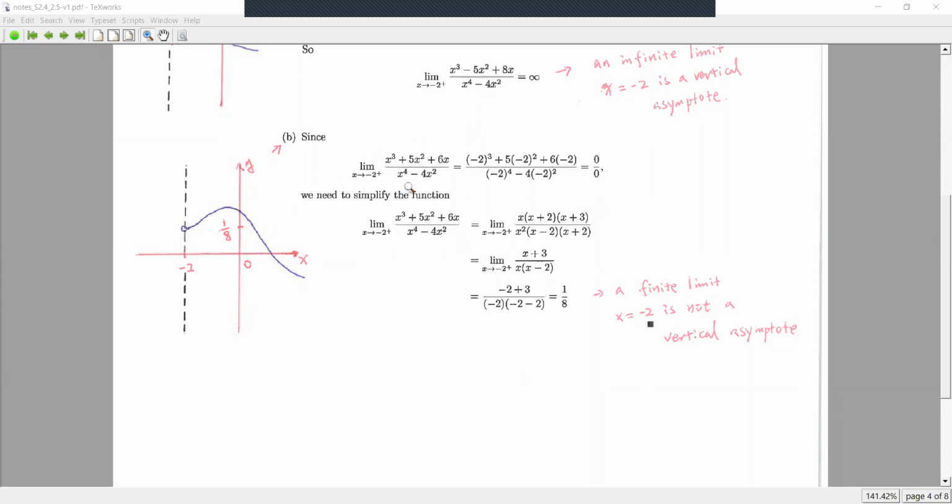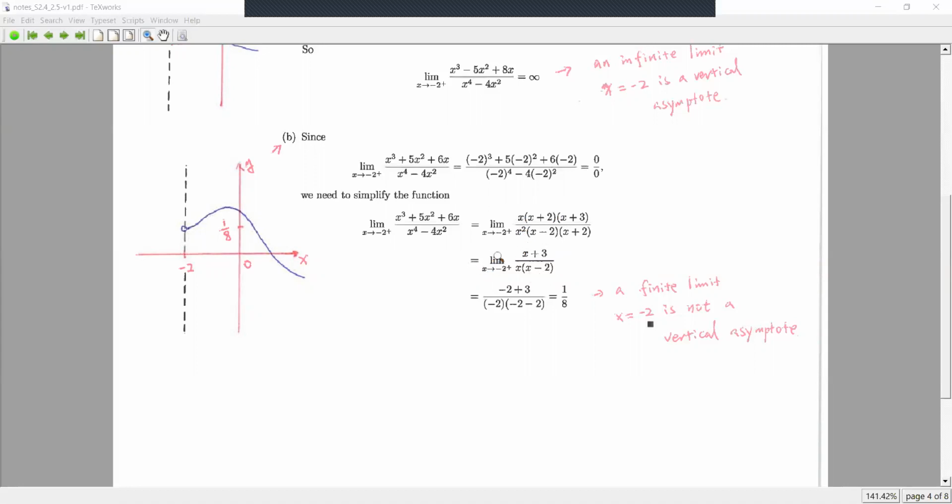Now, to find the limit, we simplify the function. The function is a polynomial over a polynomial. So we use factorization to simplify this function. Okay, factor out the top and the bottom, then we have this equation. Now cancel x plus 2 from the top and from the bottom, then we have this equation.